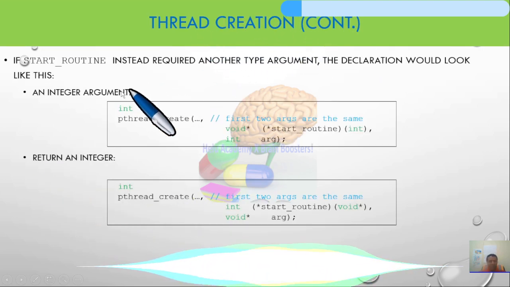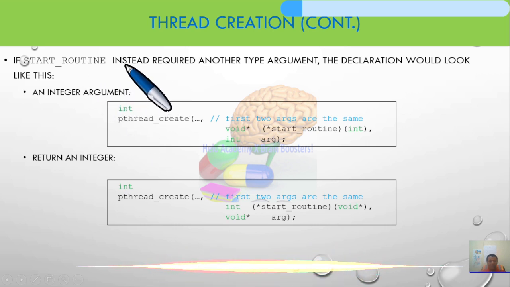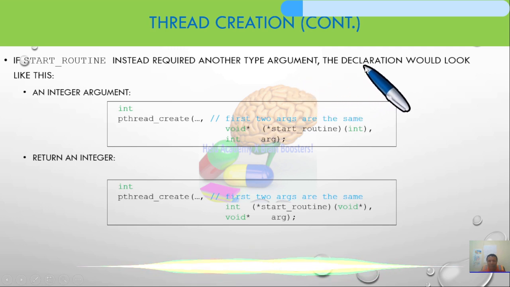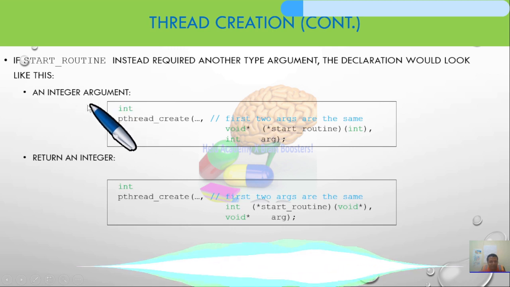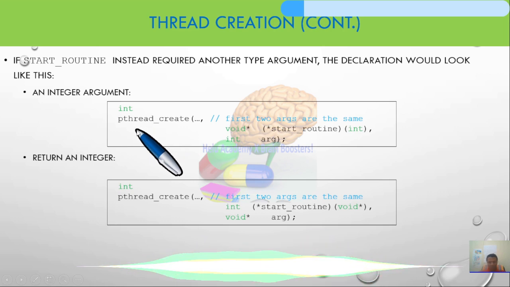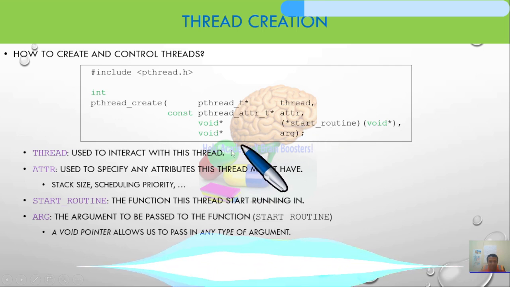In thread creation, if the start routine instead requires another type of argument, the declaration would look like this. For example, if we need to pass an integer, we have pthread_create and the start routine.